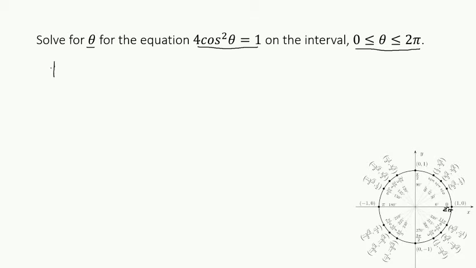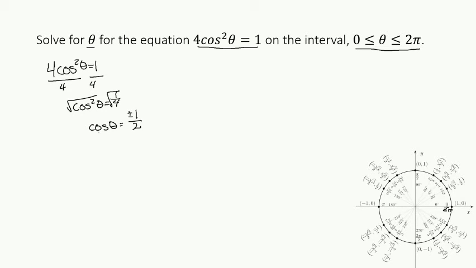Now if we take 4 cosine squared of theta equals 1 and divide 4 from each side, we get cosine squared of theta equals 1/4. Then we take the square root of both sides, which gives us the cosine of theta equals plus or minus, you have to remember that plus or minus, 1/2.